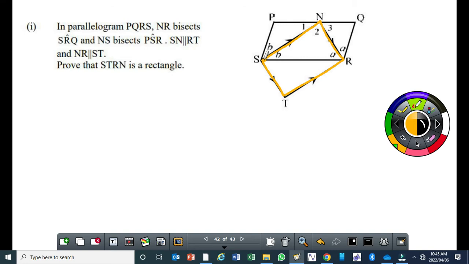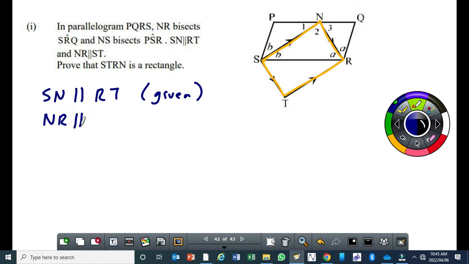So first thing, if you look at the diagram there, in fact it's actually given here, SN is parallel to RT. This is given. Okay? Also, we have got NR.